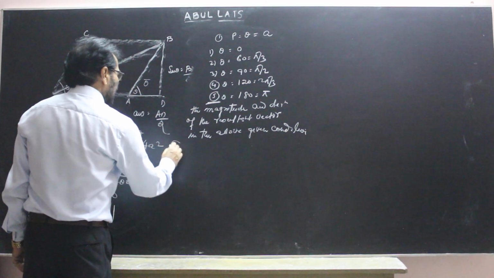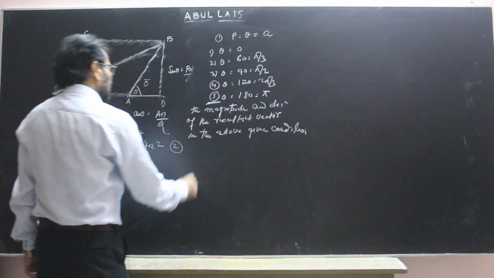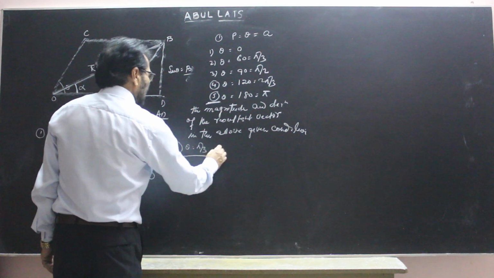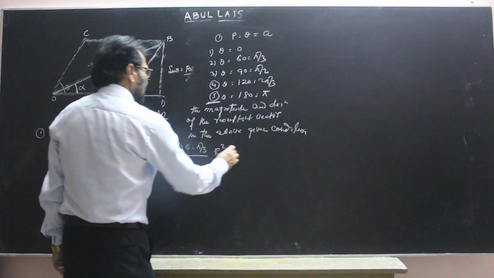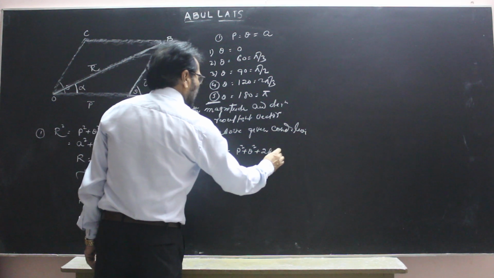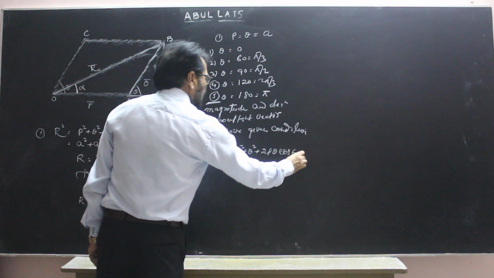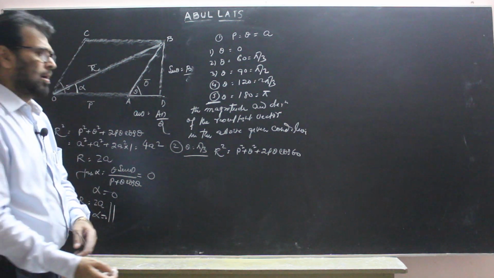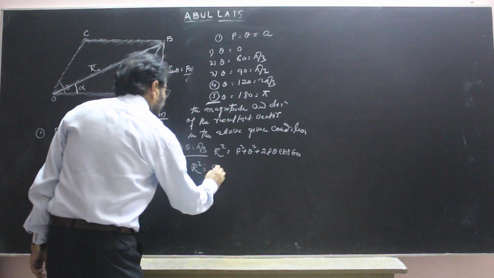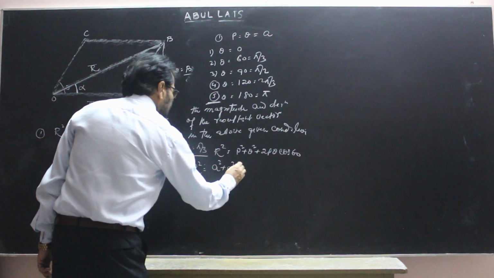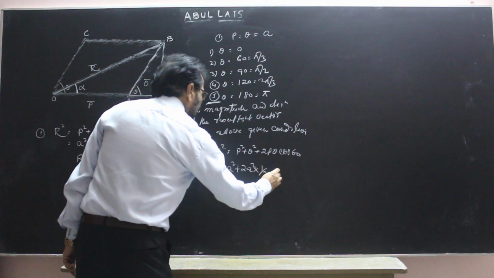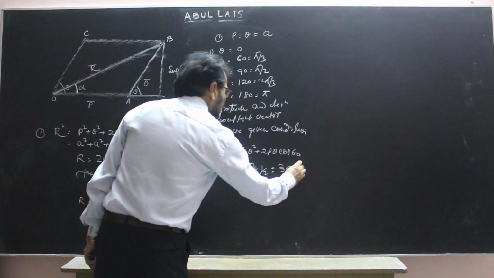The second condition, when theta is equal to 60 degree. We know R square is P square plus Q square plus 2PQ cos 60, and cos 60 is half. So R square is A square plus A square plus 2A square times half, that is 3A square.